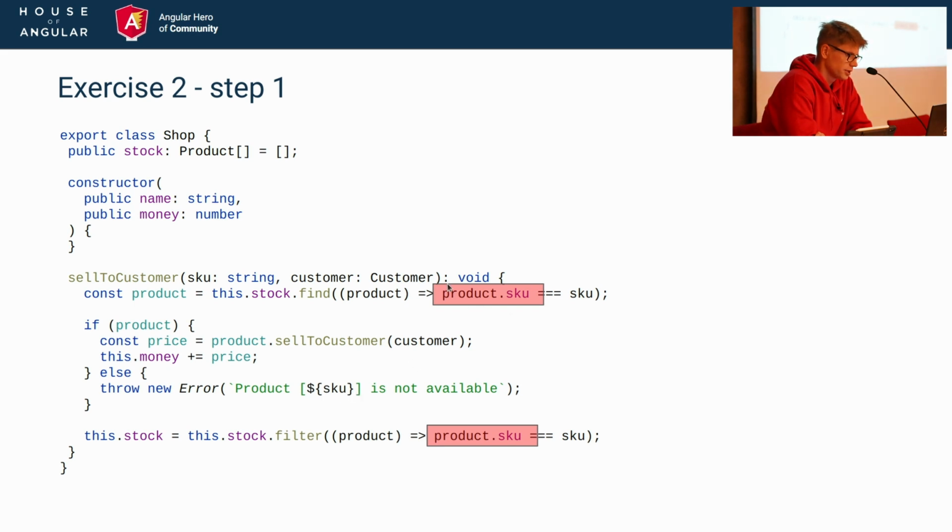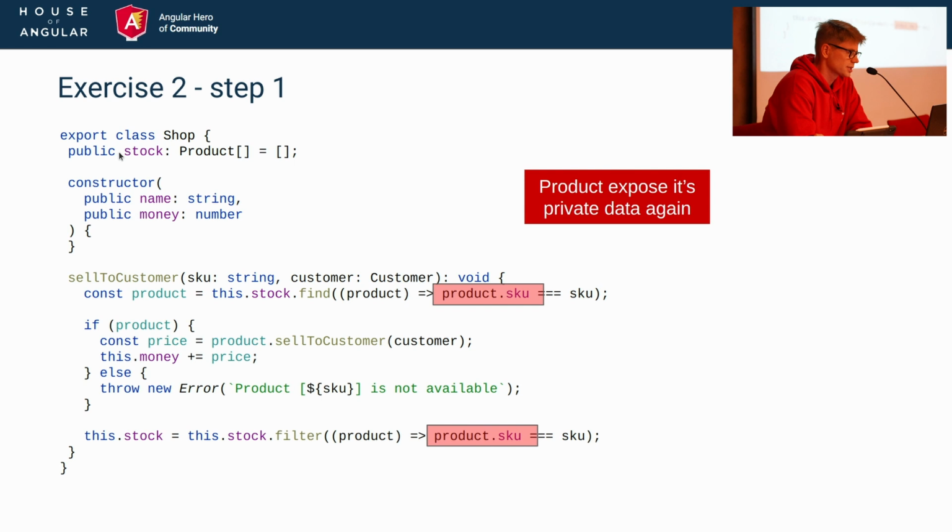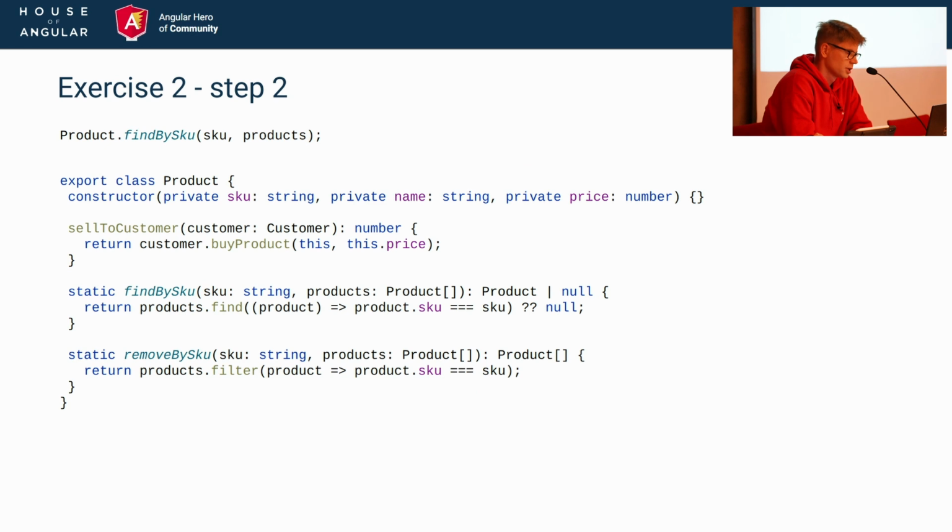So how can we deal with this property that should be private? Because this example is a little bit different. Currently we are working on an array of products. It's not a single product. So how can we hide the private property in collections? I would suggest a static method.